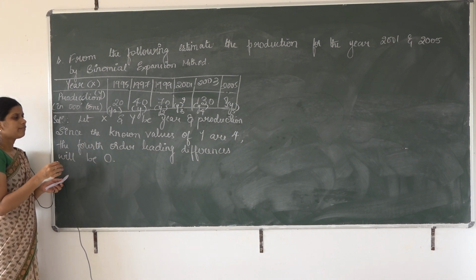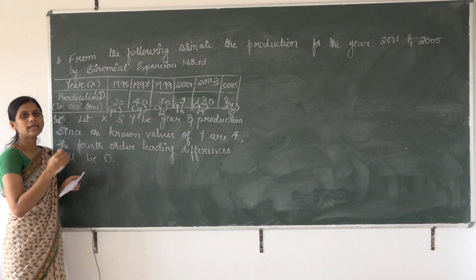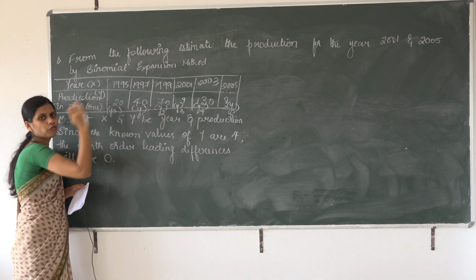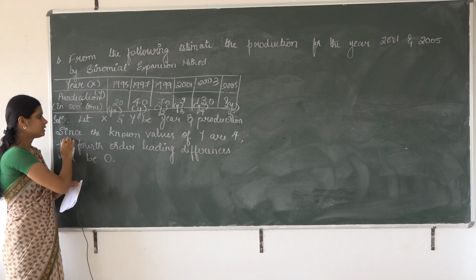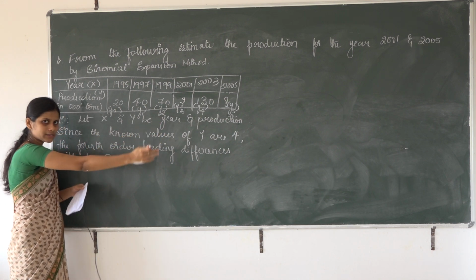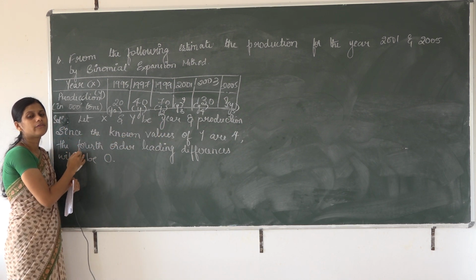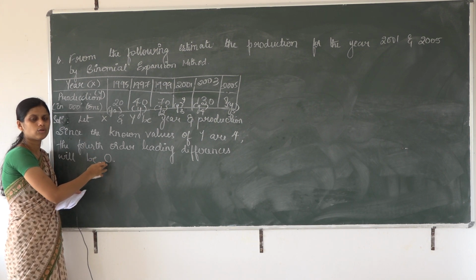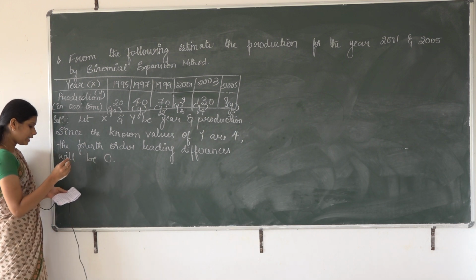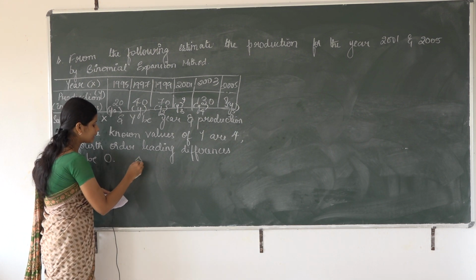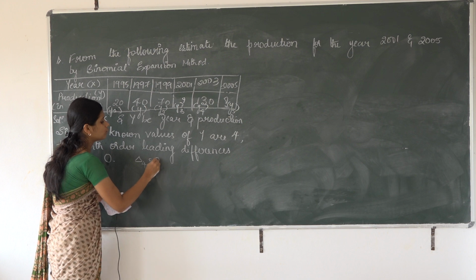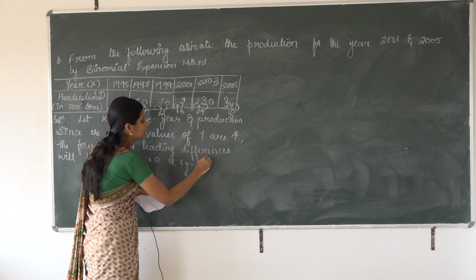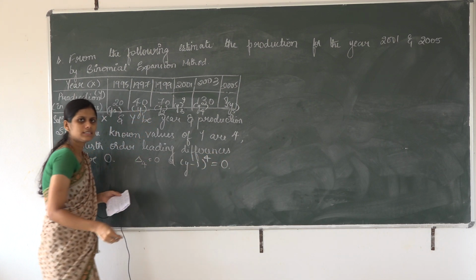You have to first of all identify how many values of y are known. Here 1, 2, 3, 4. Since the known values of y are 4, we have to find the fourth order leading difference, which is equal to 0. So fourth order leading difference is nothing but delta 4 is equal to 0, or (y minus 1) raised to 4 is equal to 0.